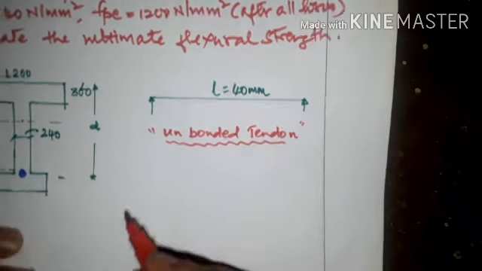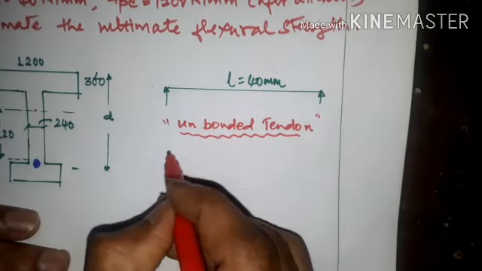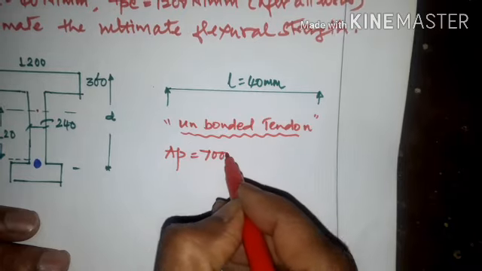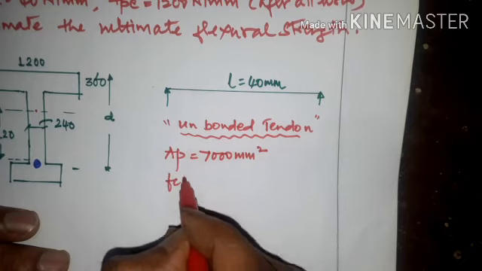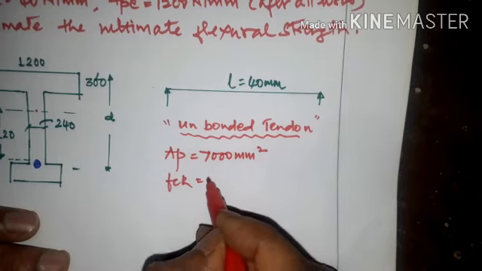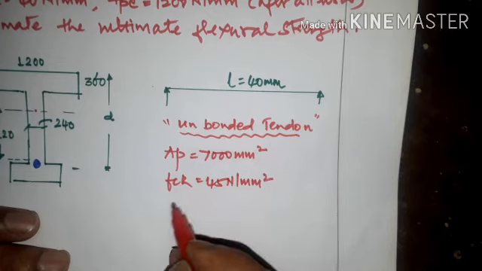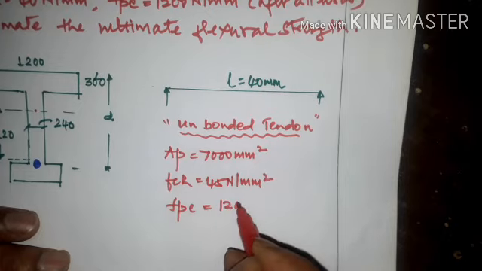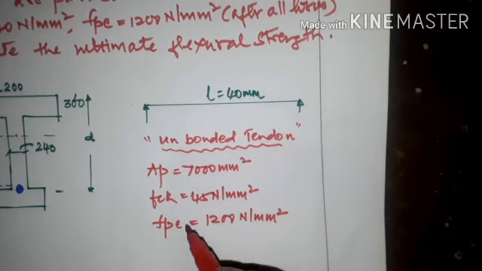Then other given data, apart from the sketch: AP, the area of pre-stress, is given as 7000 mm square. Then FCK is equal to 45 Newton per mm square. Then FPE is given as 1200 Newton per mm square.